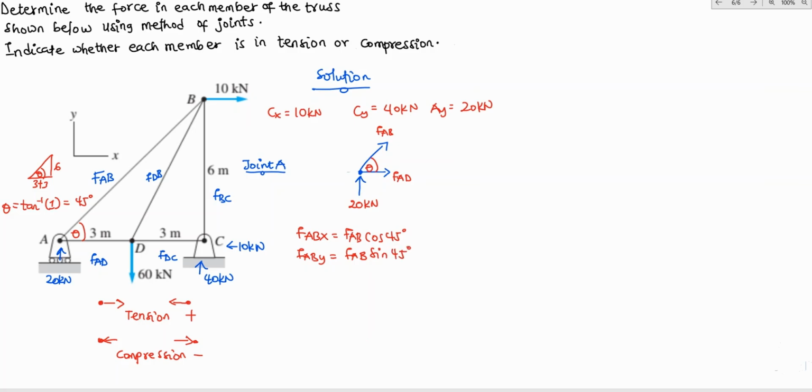Now let's consider the equilibrium equations for the forces. You're going to have the sum of the forces in the x-axis direction equal to 0, and the sum of the forces in the y-axis direction equal to 0.